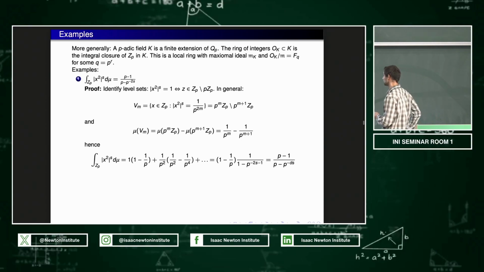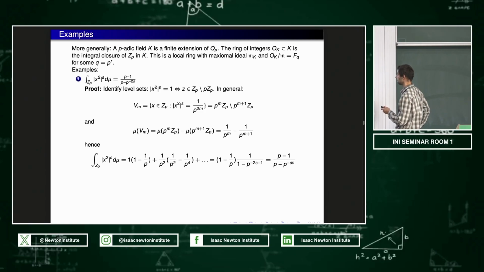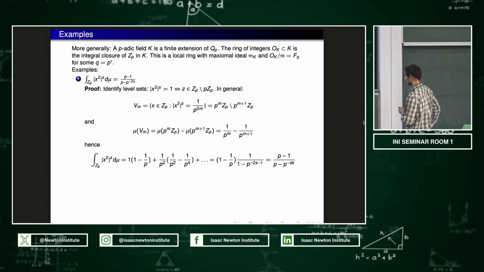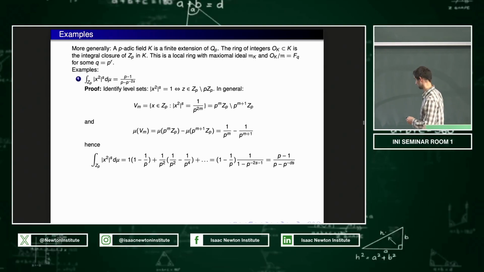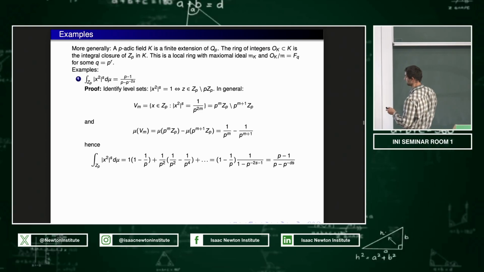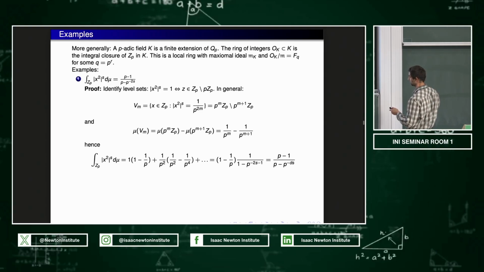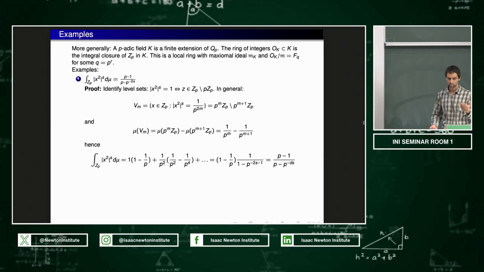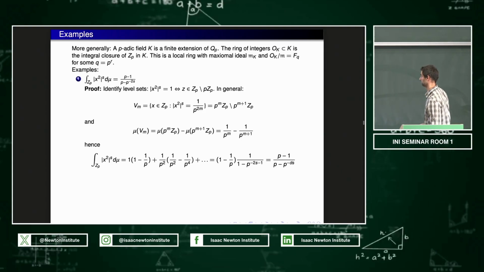So what this tells you is that if you take such an integral, it's going to be a rational function in p or in q in general. But it's not just a rational function in p or q, it's a rational function in p to the s in this case. So s is this parameter here, which can be anything, basically, let's say an integer right now.